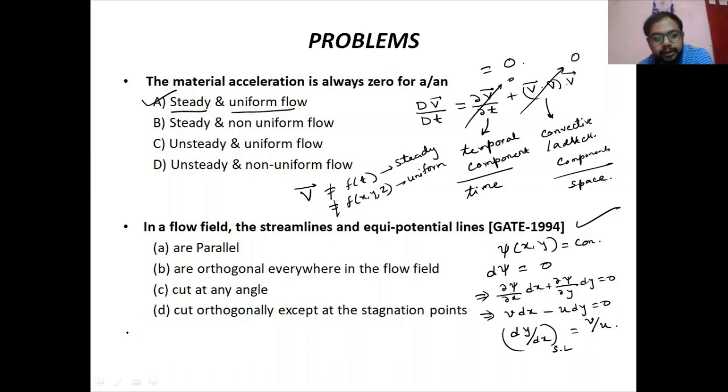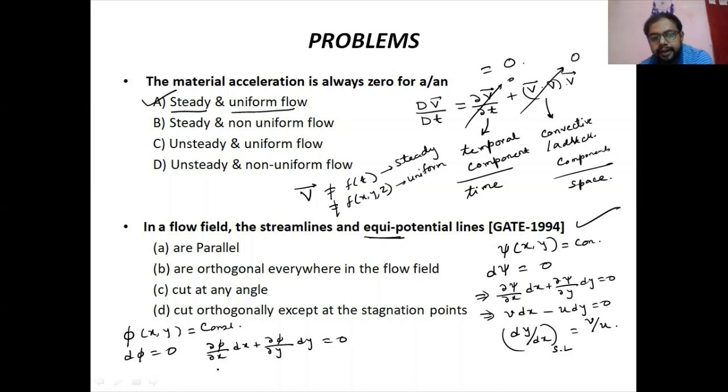In the same way, consider phi as the function, the equipotential line or velocity potential line. Along the equipotential line, phi is a constant, so d phi is equal to 0. D phi equal to 0 means del phi by del x dx plus del phi by del y dy is equal to 0.